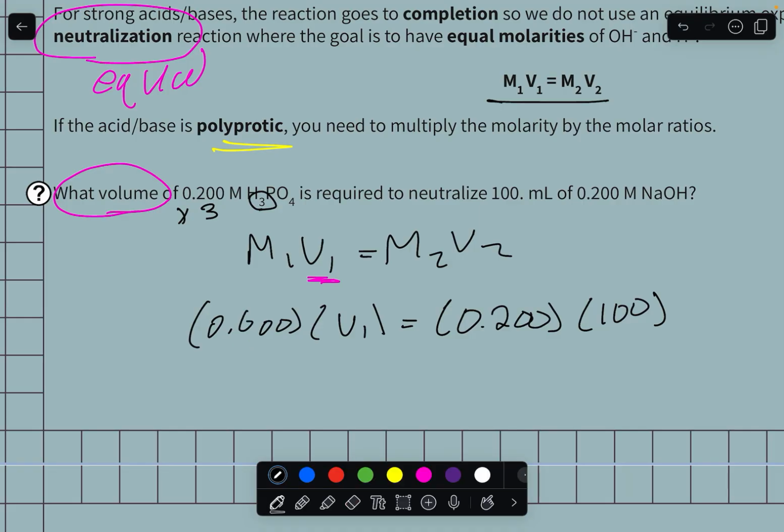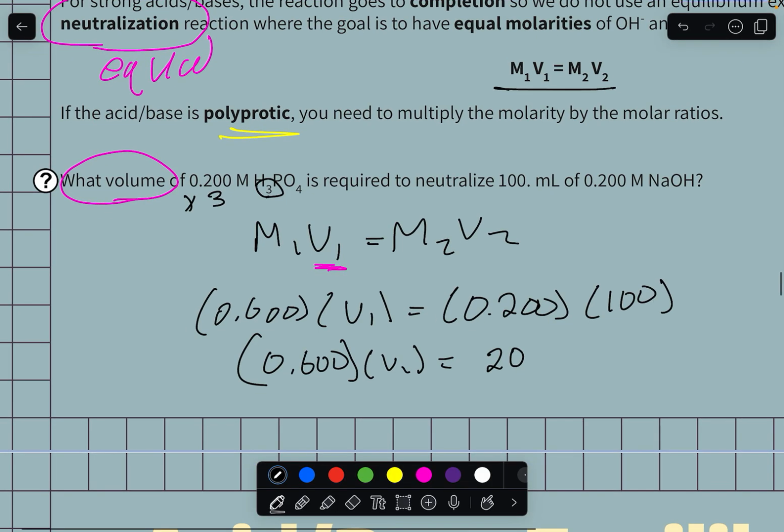So my 0.600 times V1 is equal to 20. And I'm going to divide the 0.600 over. So 2 divided by 0.6 gives me 3.33. Let me just make sure I did my math right.